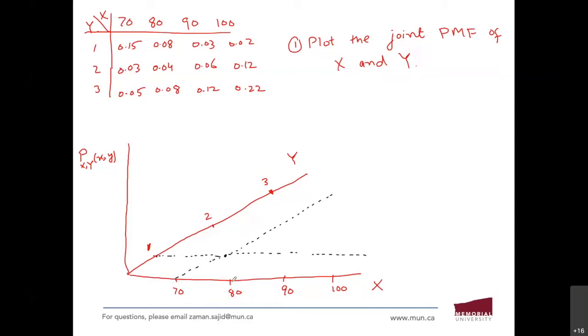Similarly, I can draw for 80, which is going in parallel to the y-axis. This is for my 90. And this one is for 100. Coming back to when y is 2, you have this line here.